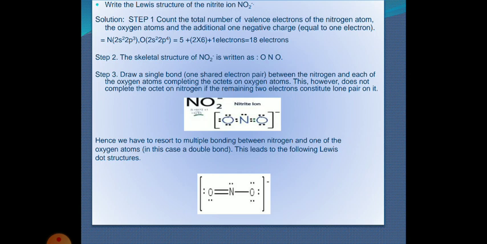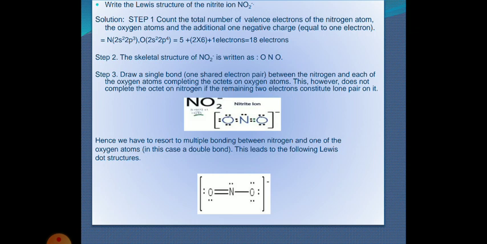Now some questions may be asked like this also: write the Lewis structure of the nitrite ion, that is NO2 minus. For such a question, again you have to follow the same steps. Count the total number of valence electrons on the nitrogen atom as well as on the oxygen atoms.